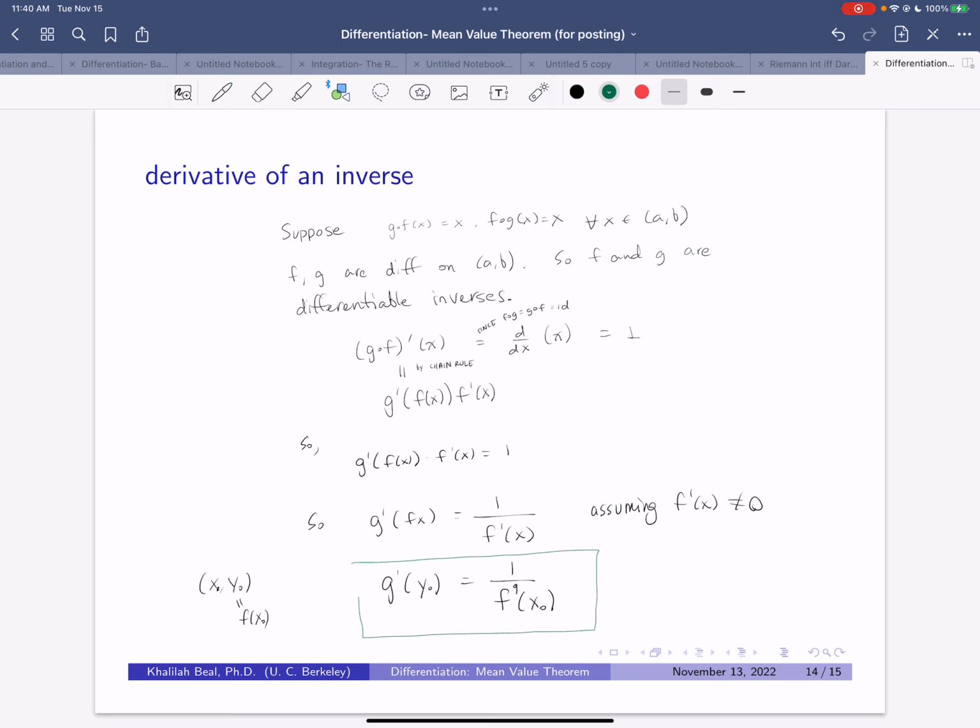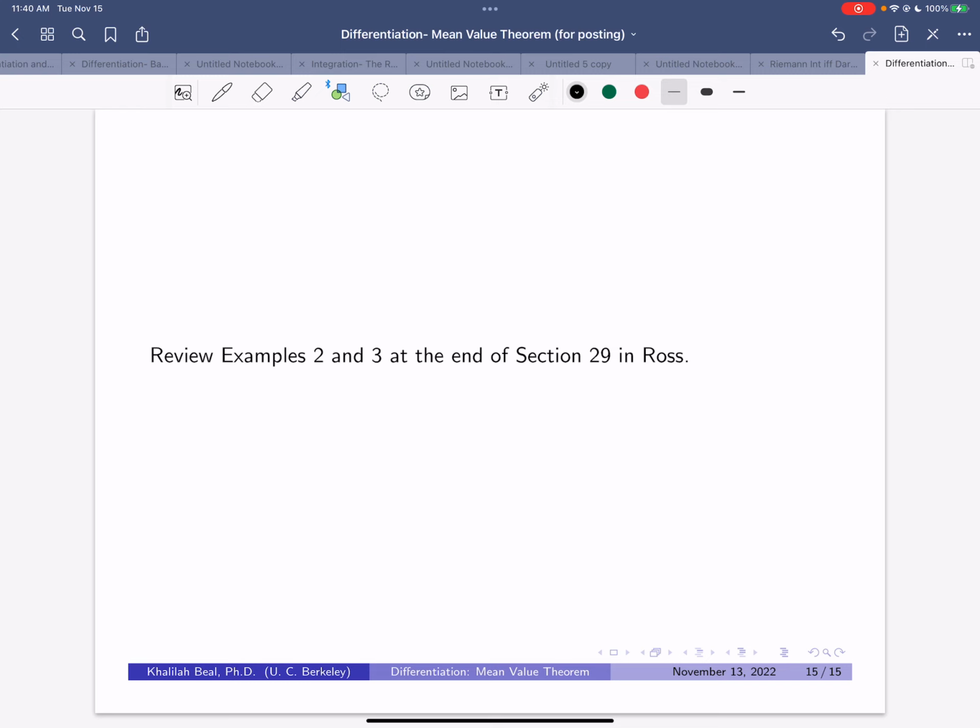And I will leave you to look at the examples in Ross, examples 2 and 3 at the end of section 29. So just to give you a preview, example 2 is looking at f of x equal to x to the n, and we can prove that with our basic properties of differentiation. Well, now the inverse of that, g of x, is the nth root of x.